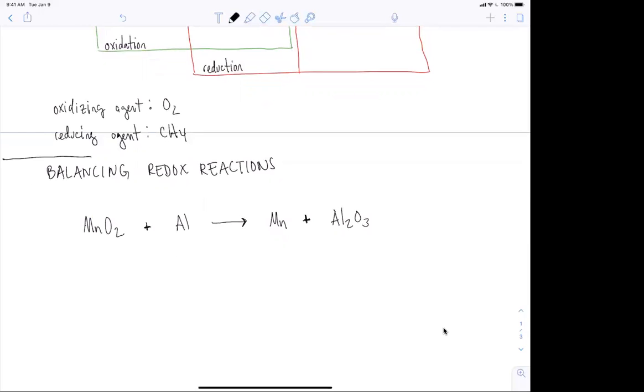Again, you try to get to the point where you can kind of do it in your head. So oxygen is -2, and we've got 2 of them. So this whole side over here is going to be -4, which means that manganese is +4.